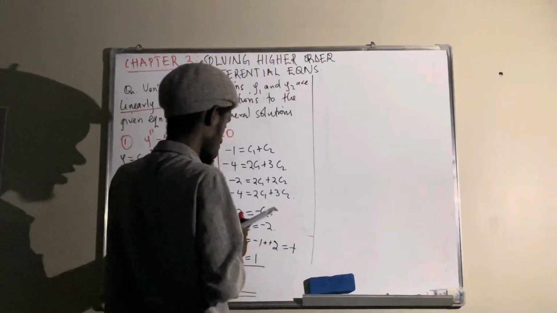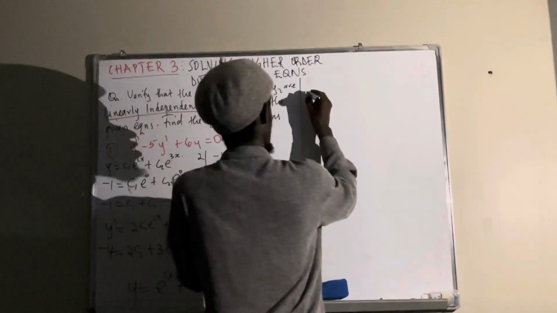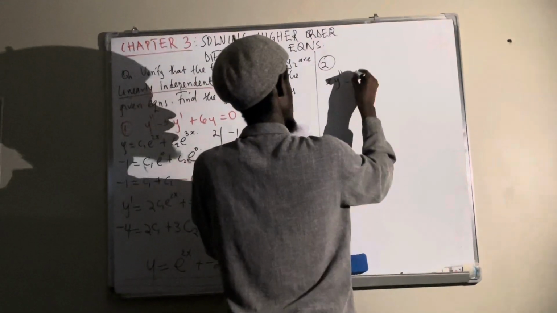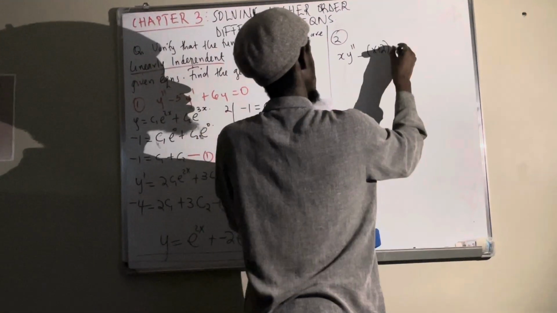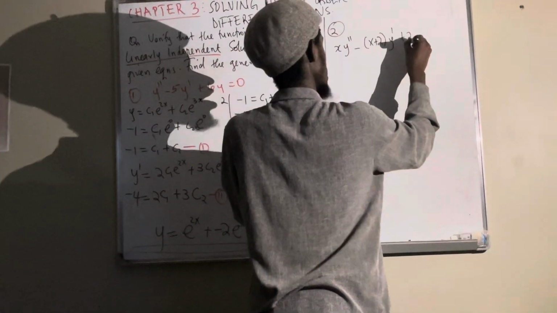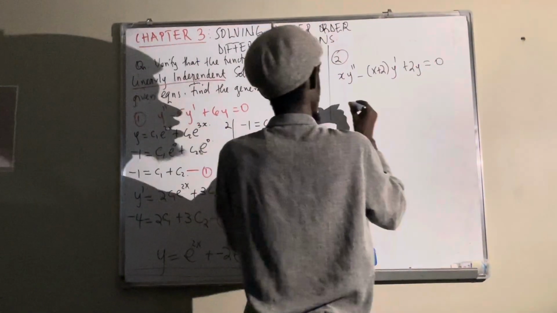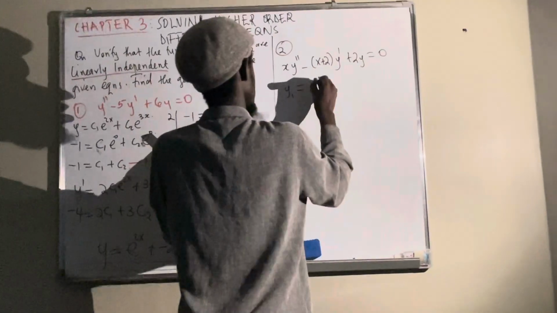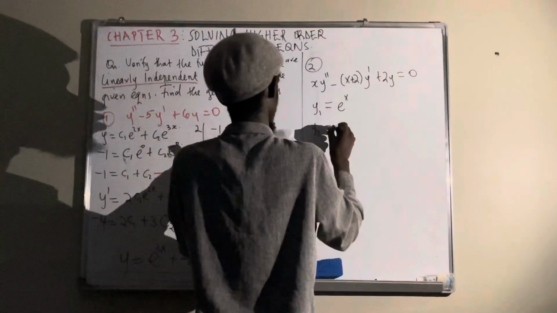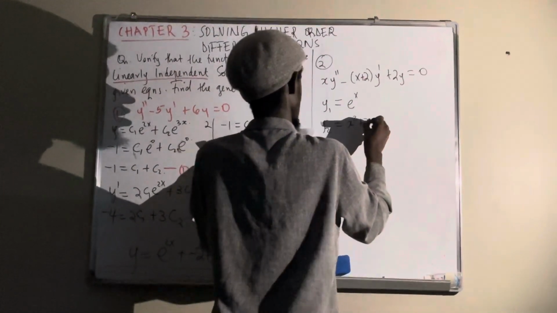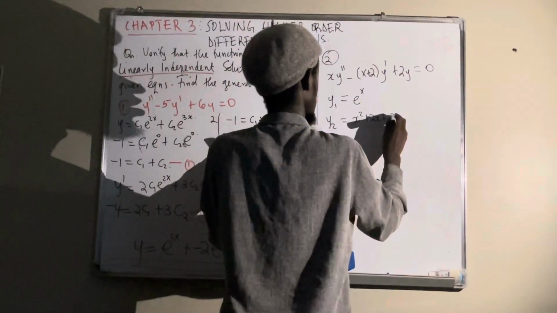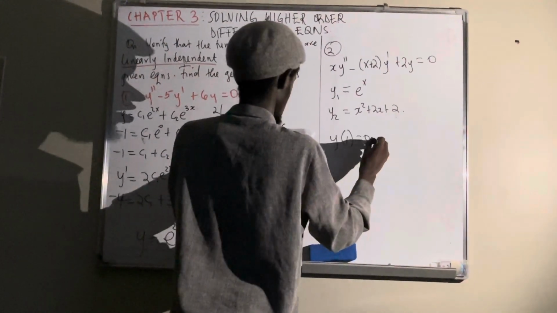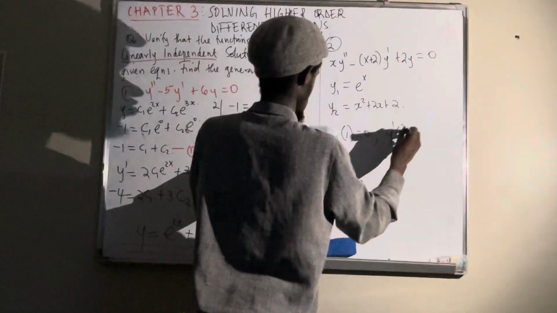If I give you an equation like this as a take home: x y double derivative minus (x plus 2) y single derivative plus 2y equal to 0, and then I give you my solutions as y1 equals e power x and y2 equals x squared plus 2x plus 2, and then I give you my conditions to be y at 1 equaling 0 and y at 1 equaling 1.